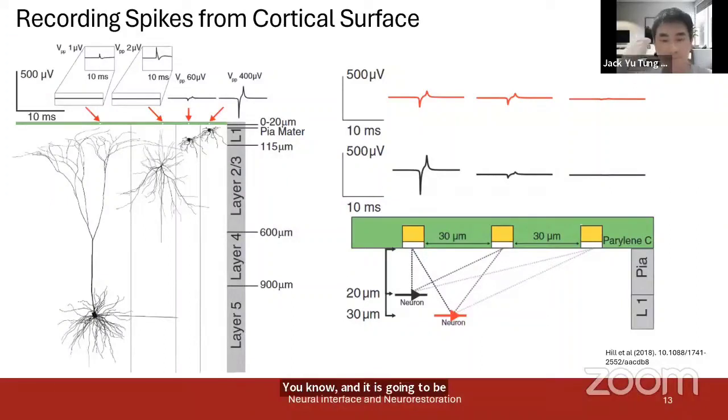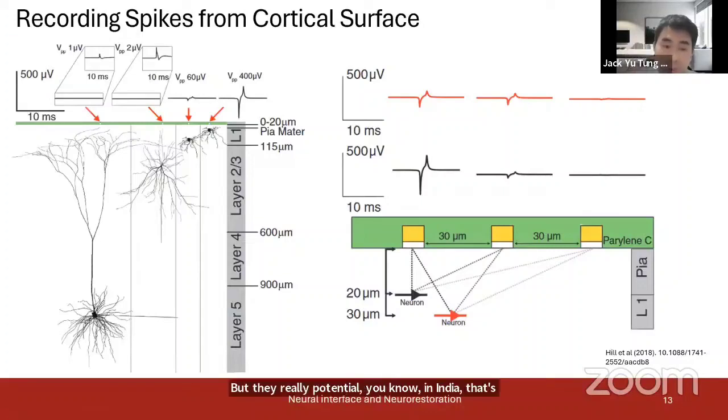RMS in most cases. And also importantly, when the electrodes are appropriately spaced, an individual neuron, for example this black neuron here on the right image, will produce a strong potential in one electrode, but a very weak potential in the adjacent electrode, just 30 microns away.